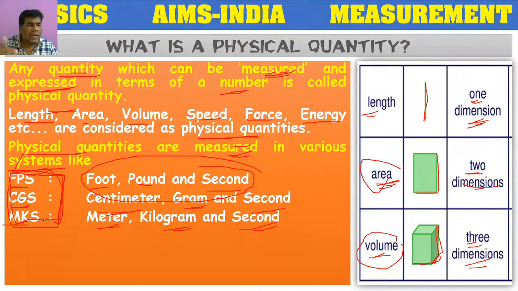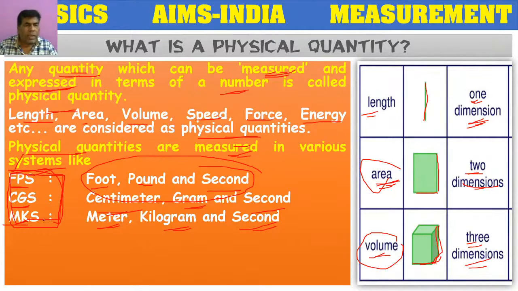Actually, what is the need of a system? Because for measuring any object, only a measuring device is not enough. Along with the measuring device, we need a system, we need a unit. Then only, according to that system and unit, with the help of that measuring device, can we make the measurement.